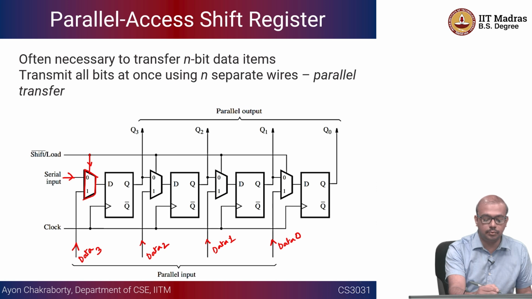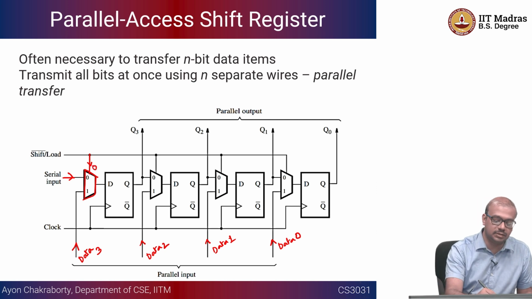If you want to use, let's say, load equal to 1, then that is definitely not shift, so that is becoming shift bar. If load is equal to 0, that means that I want to use it as a shift register. I mean, not a parallel load, but a serial input is going to be entertained. So depending on whether it is value is 0 or 1, either I will select the serial input or I will try to select the data input that I am giving simultaneously.